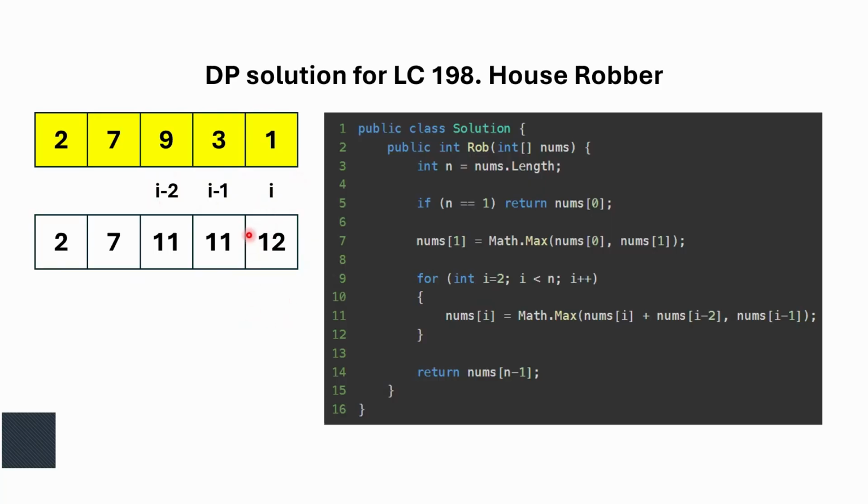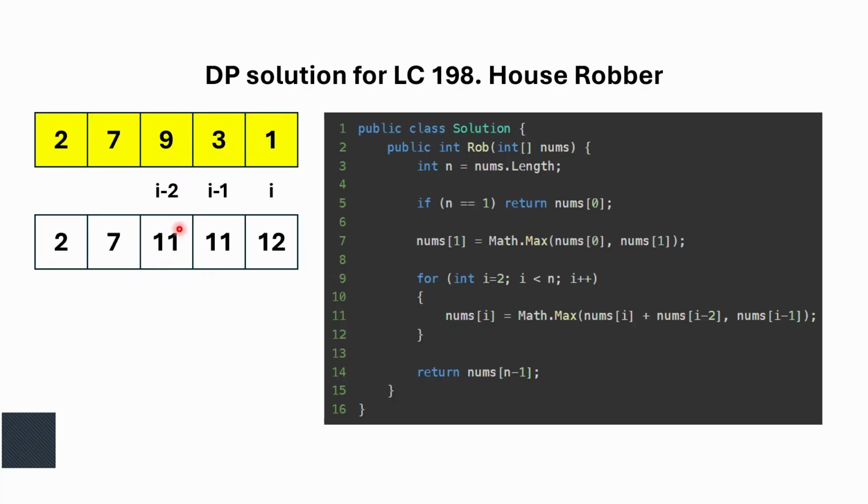So at iteration i, we look back at iteration i minus 2. I have two decisions, right? My first decision is that I will rob the house at nums[i], skip the house at i minus 1, but rob everything I could up to the house i minus 2, that is 11.